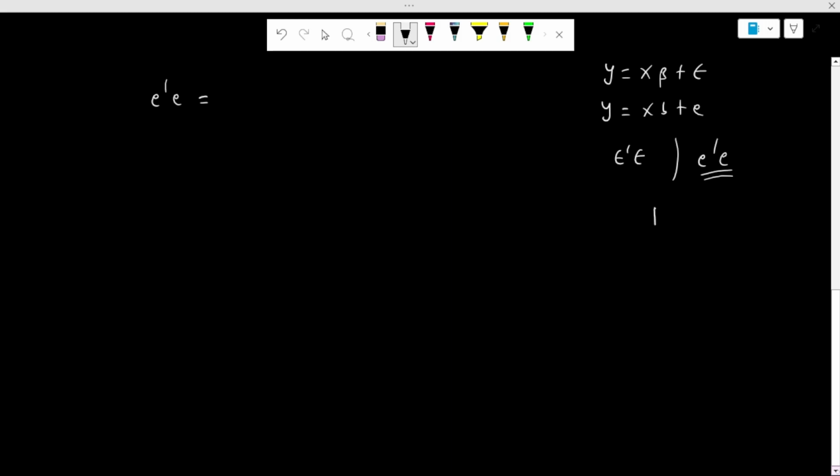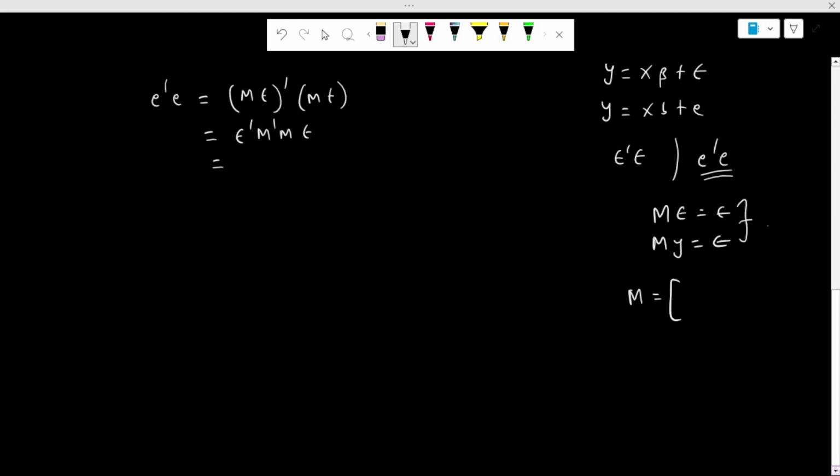We know Me is equal to the residual term, and My should also be equal to the residual term. We know this relationship either for the population or for the sample. So let us substitute the value of the population. M is the residual maker matrix, an idempotent matrix. We have this relationship.